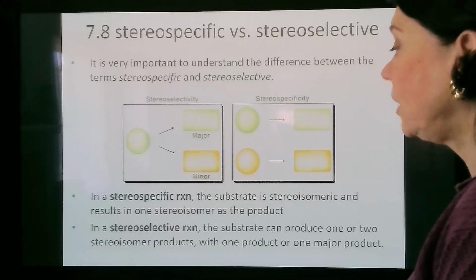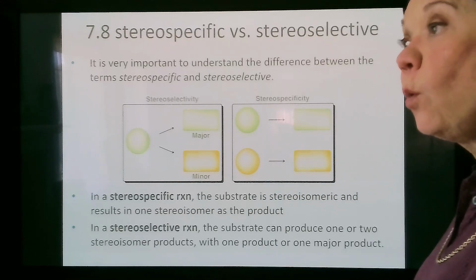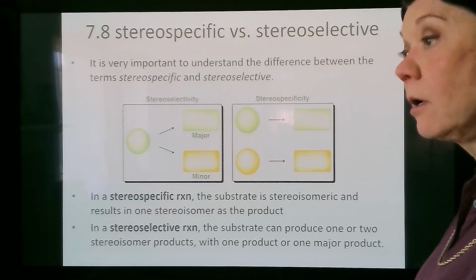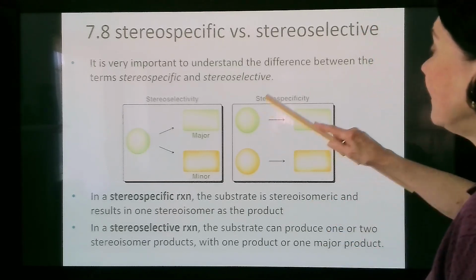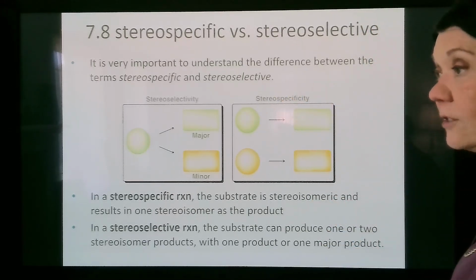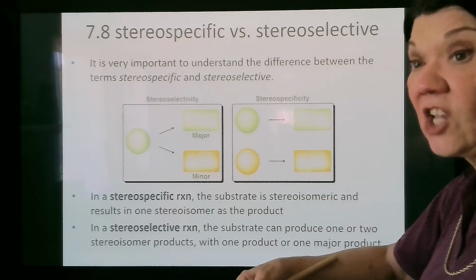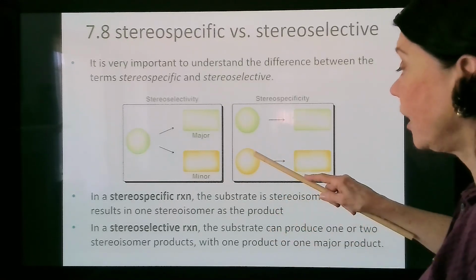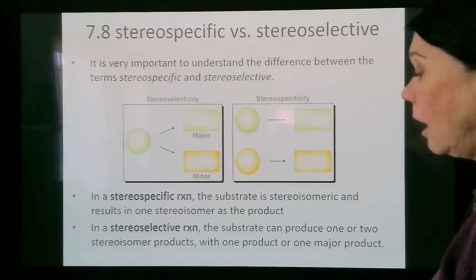That's what we've been dealing with mostly, stereospecificity, where if you have one particular stereoisomer, it leads to one stereoisomer. And if you have its enantiomer or a diastereomer of it, it will lead to a different product.